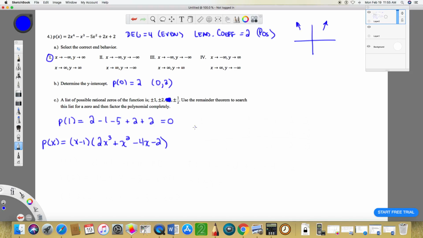So let's try 1/2. We've got 2, 1, -4, -2. The 2 comes down, and half of 2 is 1. Half of 2 is 1. That's -3/2, and that's not 0. So let's try -1/2 and see what we get.